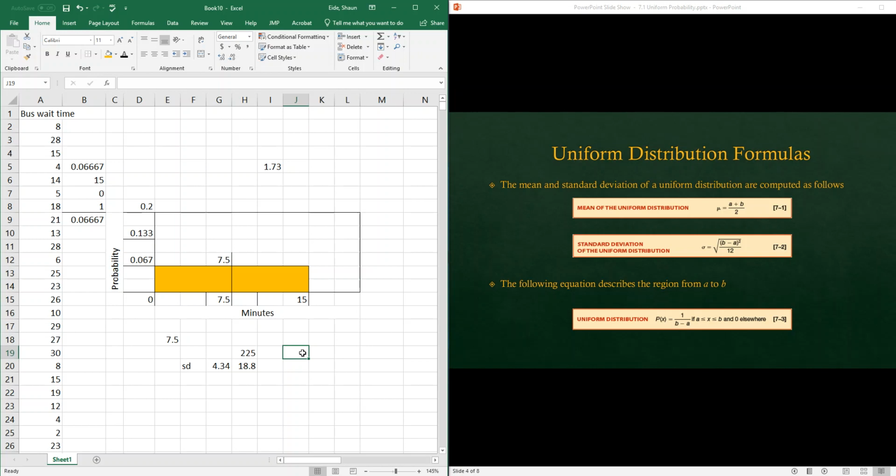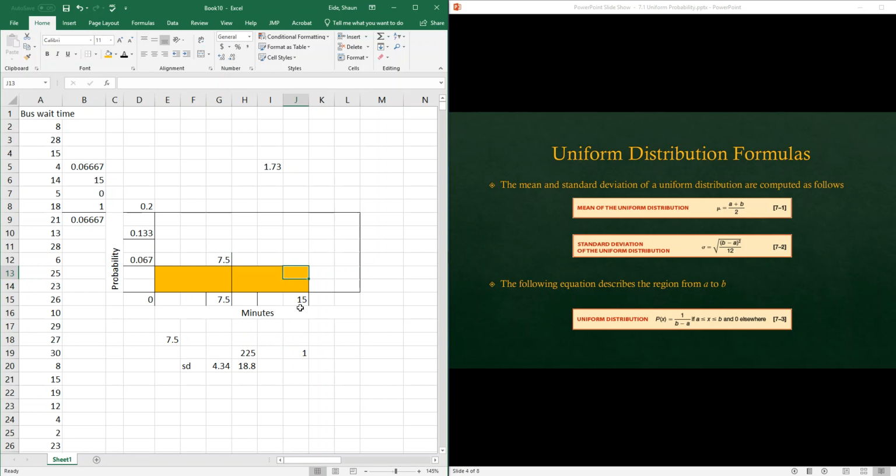So we take equals 15, or the length, or the width, if you will, 15 times 0.067, and that gives you 1. So this right here is the entire probability distribution, which gives you a probability of 1.